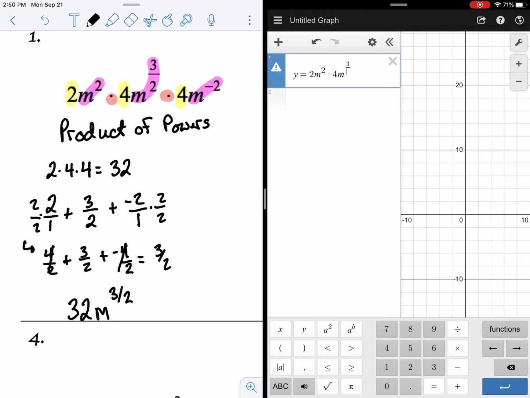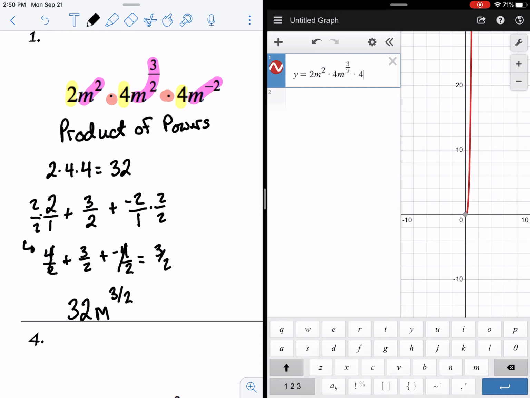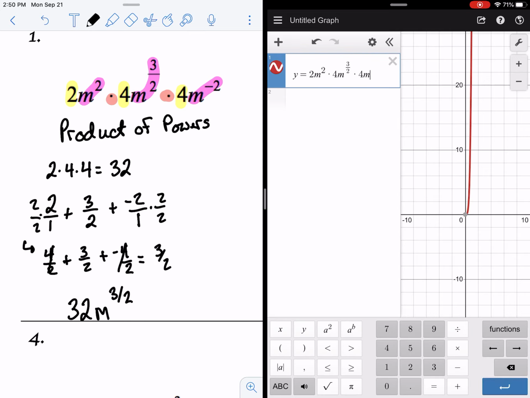And it's 3 over 2, arrow to the right, times 4m to the negative 2. And again, I don't care what the graph looks like.